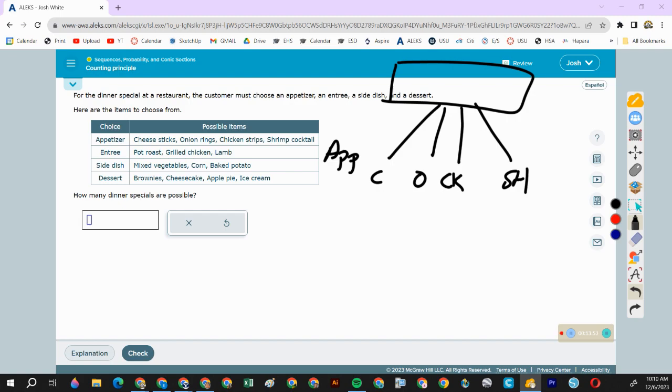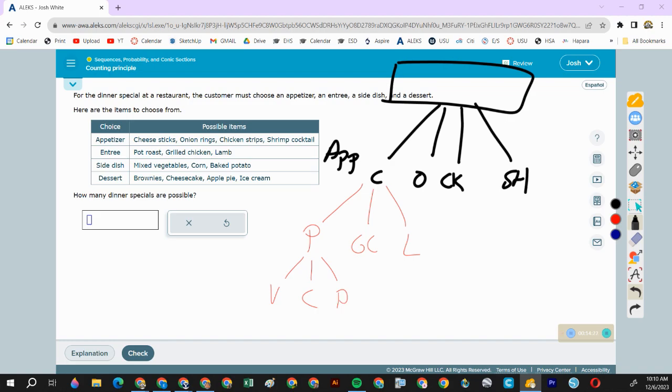And then this appetizer could be linked with 3 entrees. Pot roast, grilled chicken, or lamb. Okay. And then the pot roast can be linked with 3 side dishes. Vegetables, corn, or potato.